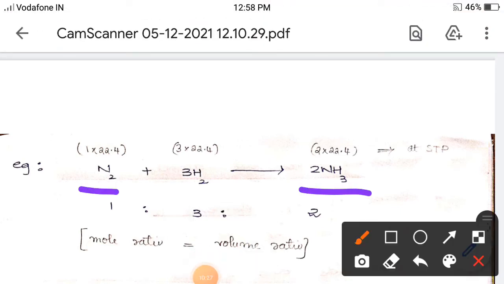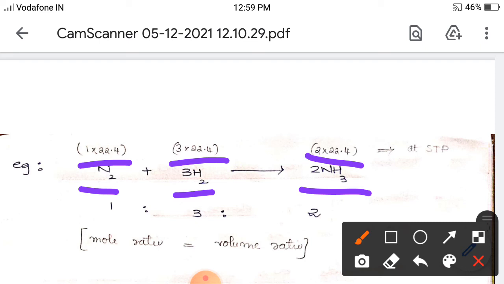Here at STP, the volume of nitrogen is 1 into 22.4 liter, and volume of hydrogen is 3 into 22.4 liter, and volume of ammonia is 2 into 22.4 liter. At standard temperature and pressure, the volume of all gases is 22.4 liter.